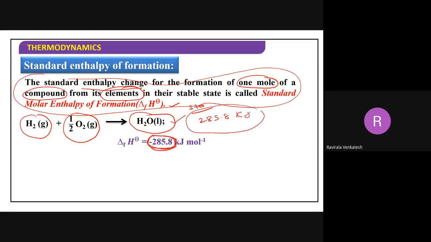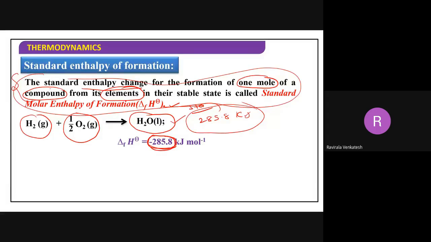That means in the formation of 1 mole of water, 285.8 kilojoules of heat will be liberated. And this heat we are calling the standard enthalpy of formation. So if you remember it like this, it will be simple for examination.